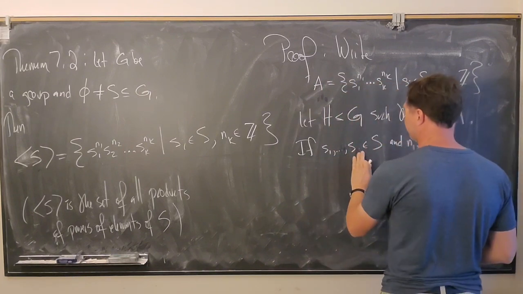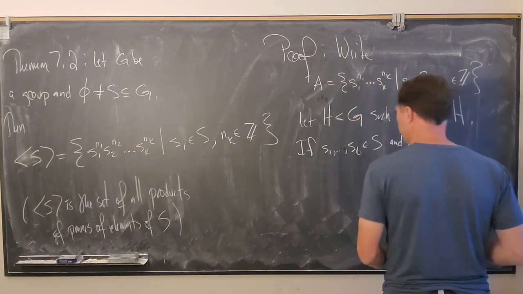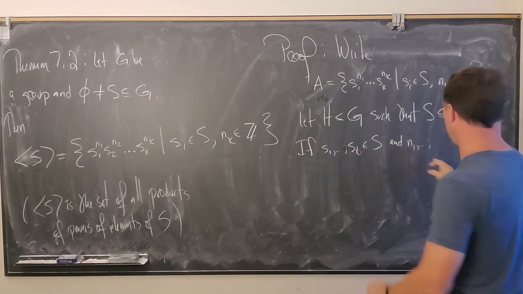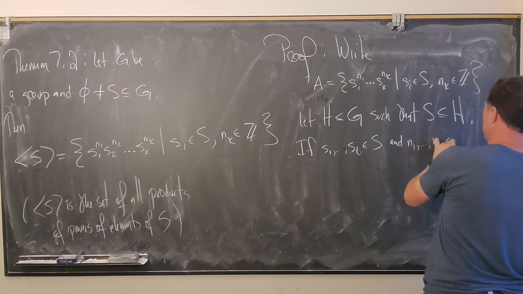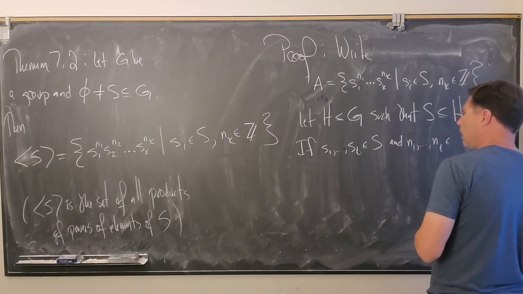Change this to a T, how about? So then I can use... I just didn't want to use N sub N, that would not make sense. So N1 up through N sub T are elements of Z.